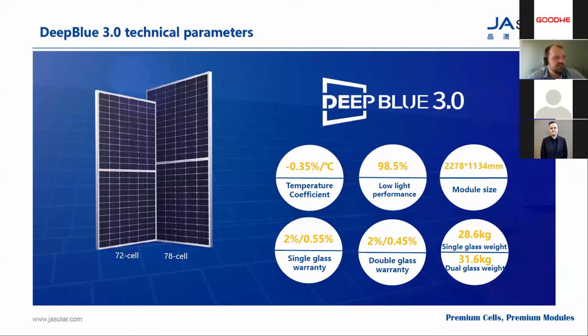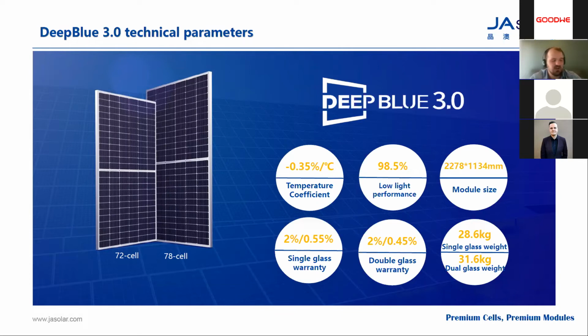So here's some of our technical parameters around the DeepBlue 3 series modules, the 72 cell and the 78 cell. A 0.35% per degree Celsius temperature coefficient per module, 98.5% low light performance, and a module size of about 2.2 or 2.3 square meters across the 590 and the 540.